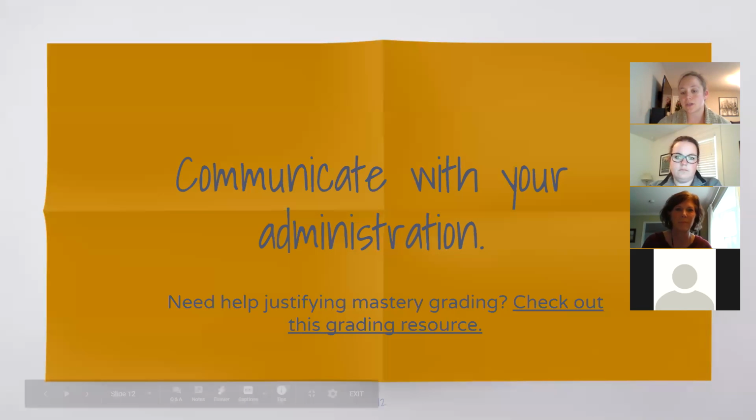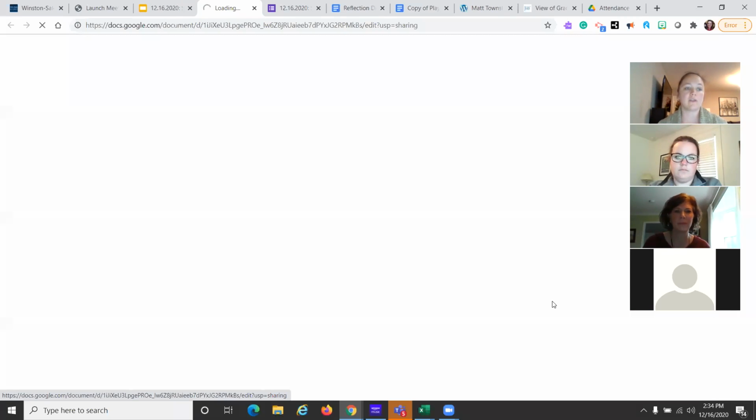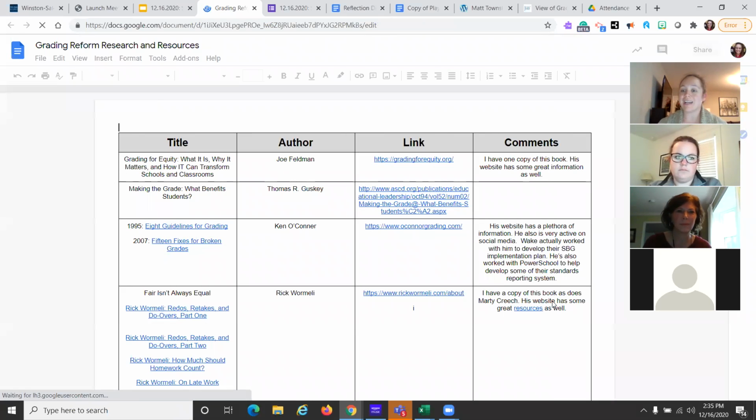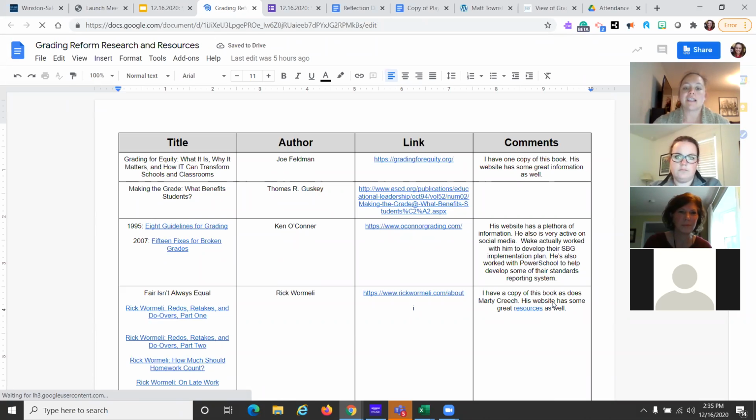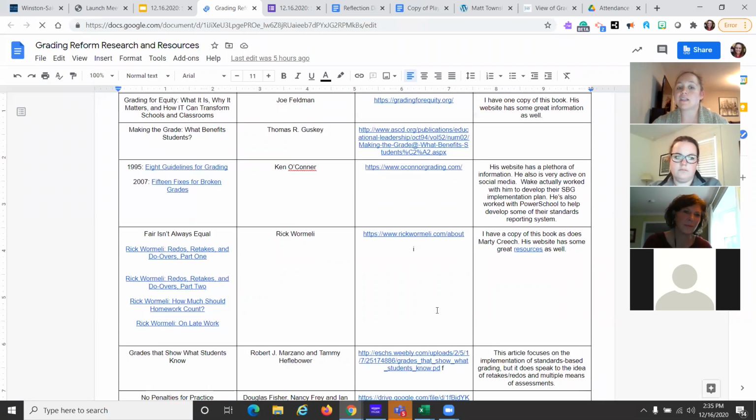And so one of the resources we've put in here for you all, and some of you have asked about this, it was part of the feedback last time, was kind of like a cheat sheet. And so that document that's linked in there, this is a working and living document. So that means it will be continuously updated. But it's one of those documents that has lots and lots around grade reform and this idea of equitable grading practices and mastery grading.